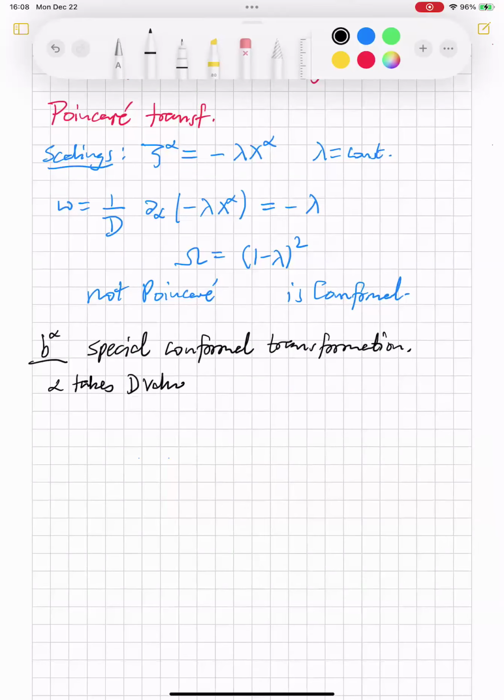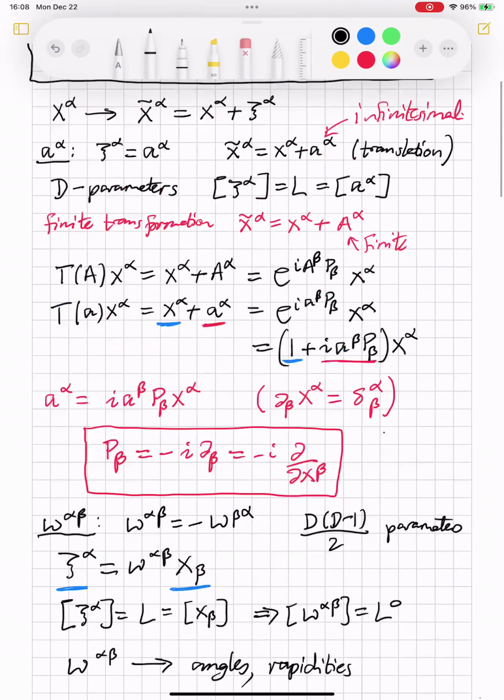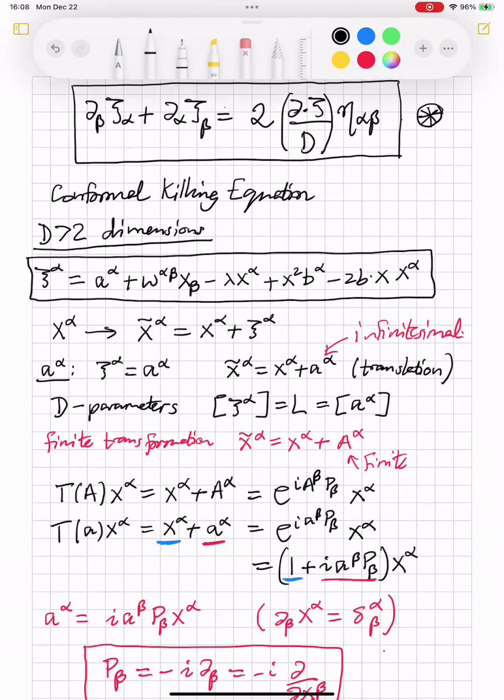So that means there are D parameters, D different transformations, D generators that we would like to get our hands on. And if we just write down what is the Killing vector for the special conformal transformation zeta alpha, so remember what I'm doing. I am looking at our general expression for the conformal Killing vector that is over here.